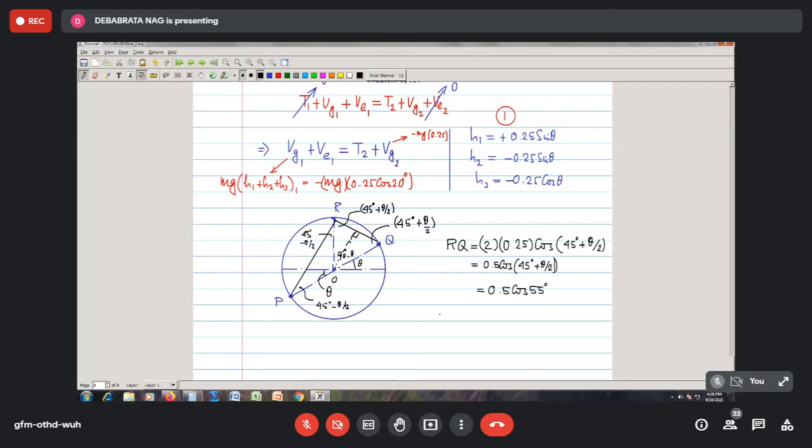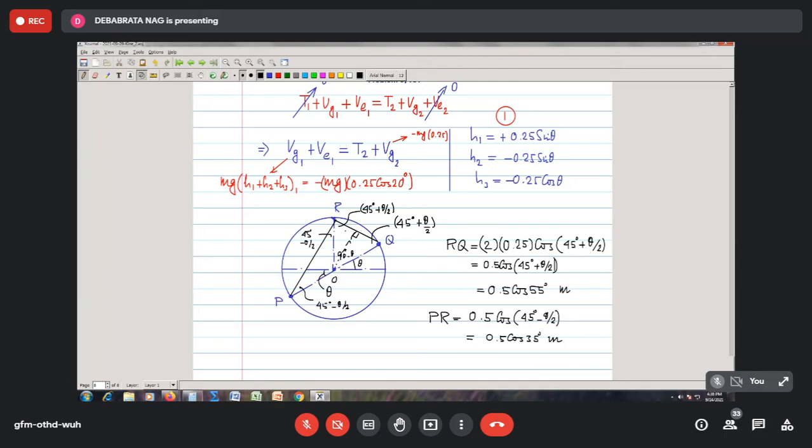So PR is going to be equal to, following the same, 0.5 cos of 45 degree minus theta by 2. So it becomes 0.5 cos of 35 degree meter, because theta is 20 degree.